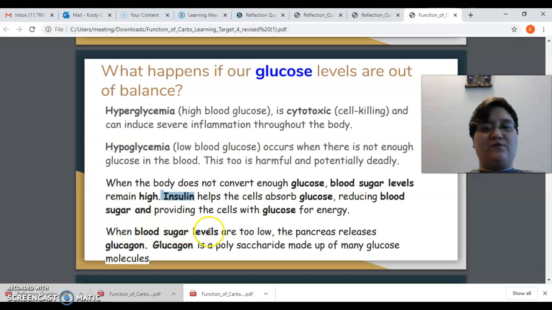When blood sugar levels are too low, the pancreas will release glucagon. Glucagon is a polysaccharide, again, a saccharide that's made up of many, many individual units of glucose molecules, right? So when blood sugar levels are too low, glucagon's released.